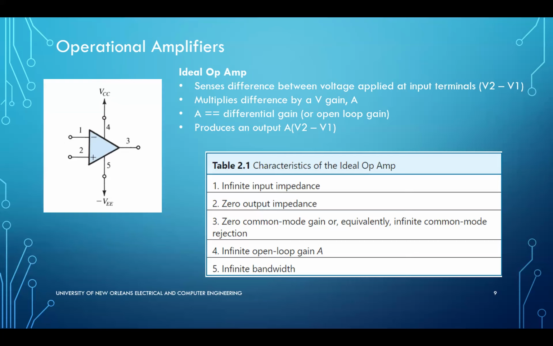Now, the basic characteristics are that it has an infinite input impedance, it has 0 output impedance, and basically has a large gain. Those are the 3 things we're interested in for our purposes here, without going into a lot of detail. And knowing that, we'll see how easy it is to use it.